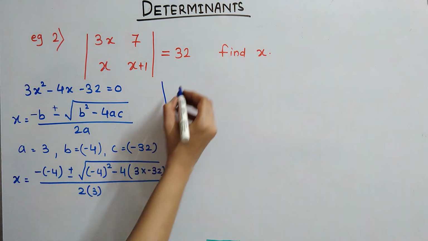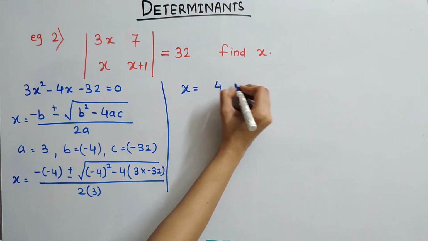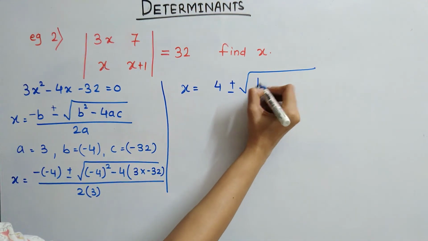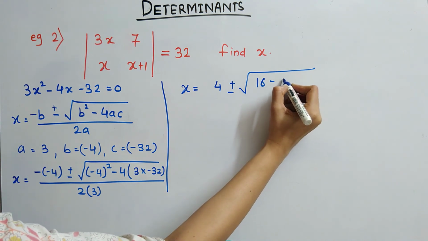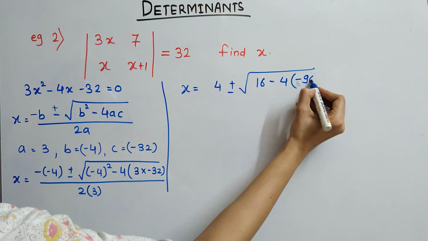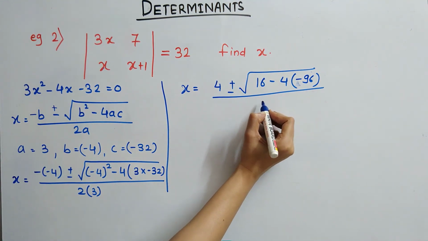Let's solve this equation. So x is equal to minus minus 4, that is plus 4, plus or minus square root of 4 square, which is 16, minus 4 into bracket, divided by 6.